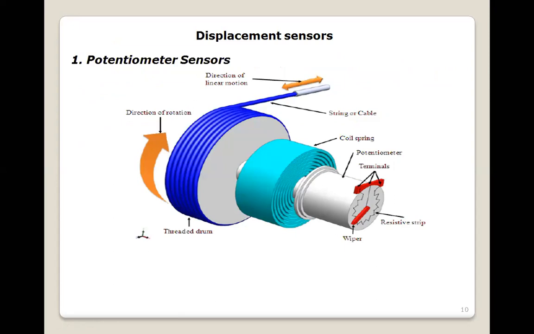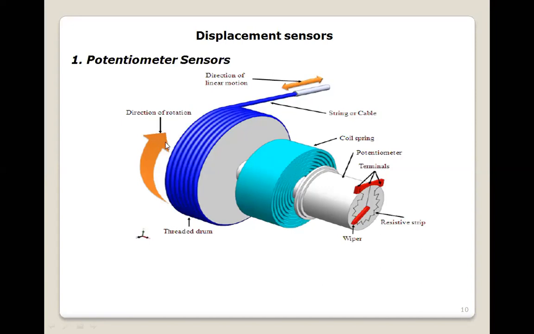in the displacement sensor, the first one is the potentiometer sensor. This is the inner construction of the potentiometer sensor. Suppose there is one wire or cable, and the direction of linear motion, suppose you want to move from left to right, so the cable will come from the coil, and it is used for the direction of rotation or for linear motion.